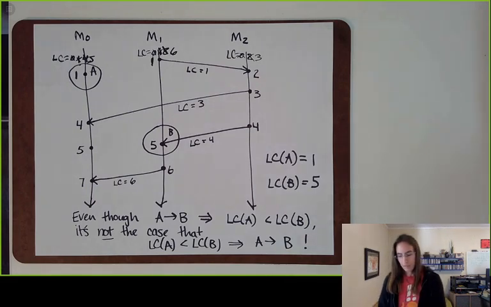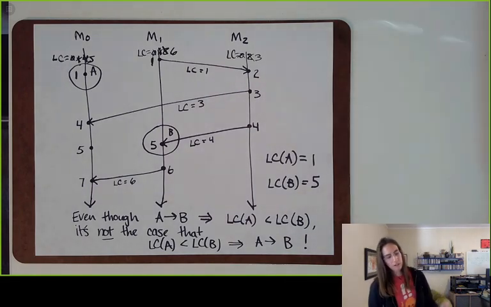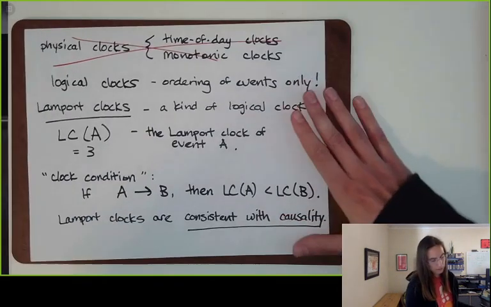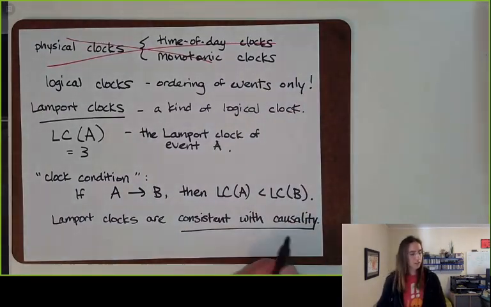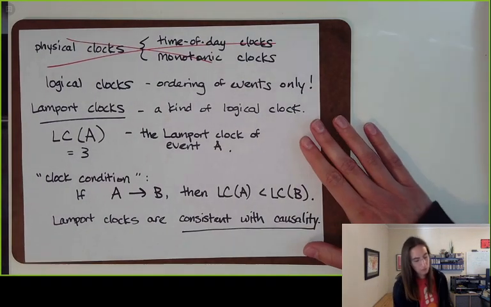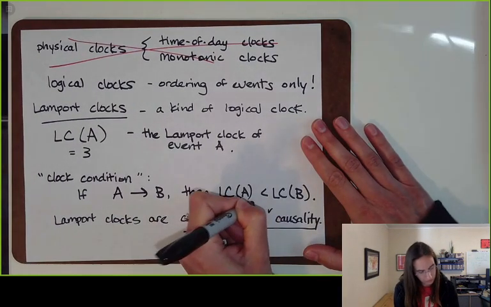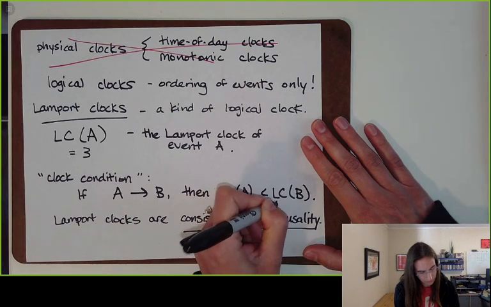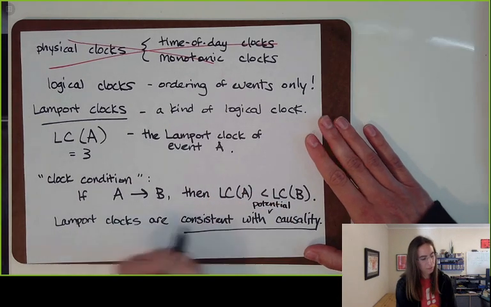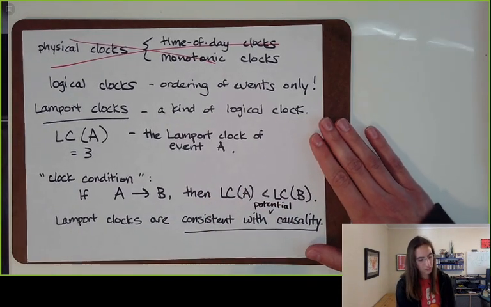So I think part of the reason you were asking that is because a little while ago, when I wrote this down, I wrote, the Lamport clocks are consistent with causality. If I wanted to be really pedantic about it, I could say Lamport clocks are consistent with potential causality.